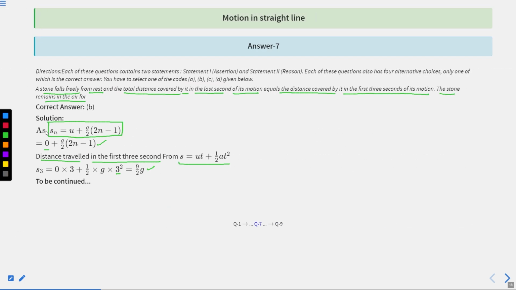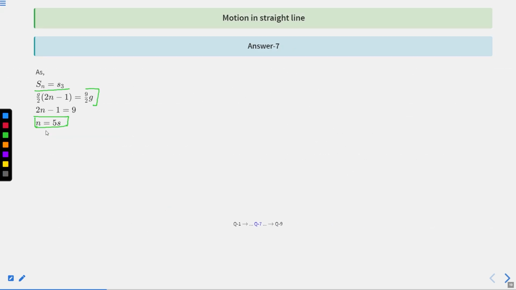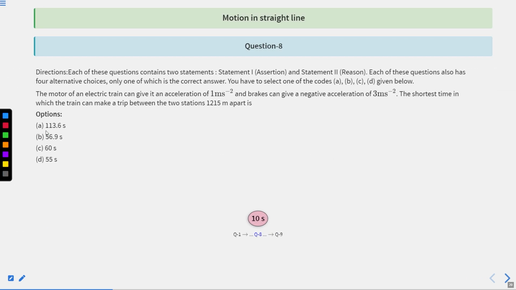Next question, the eighth question. Same pattern. The question is: the motor of an electric train can give it an acceleration of 1 meter per second square and brakes can give a negative acceleration of 3 meter per second square.